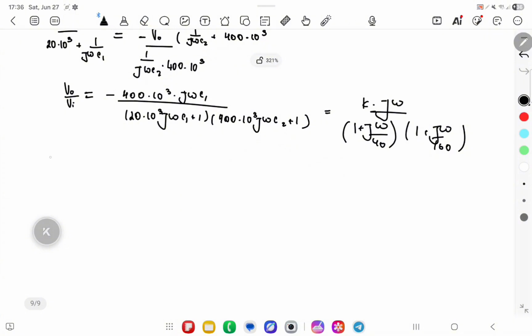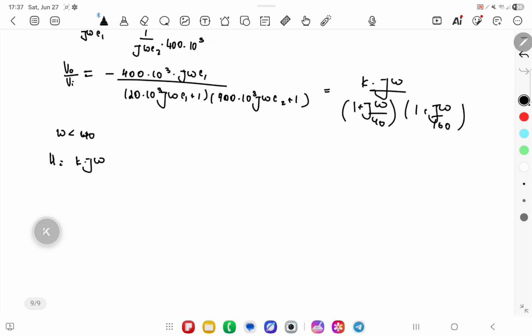so here we will apply our assumptions. So first assumption is that omega is less than 40. In that case, these two terms simplify, and we'll have H equal to k multiplied by j omega.